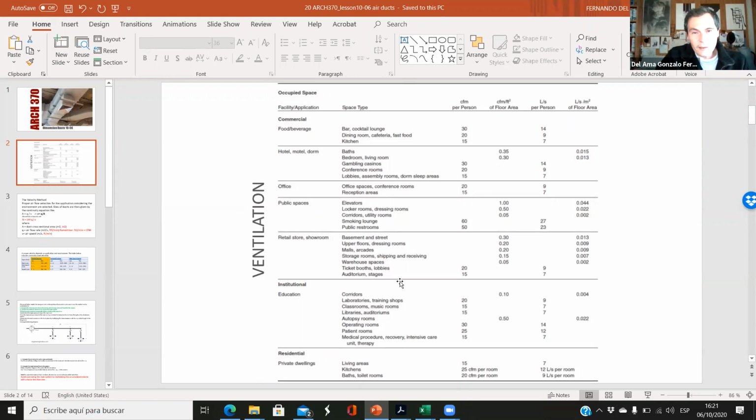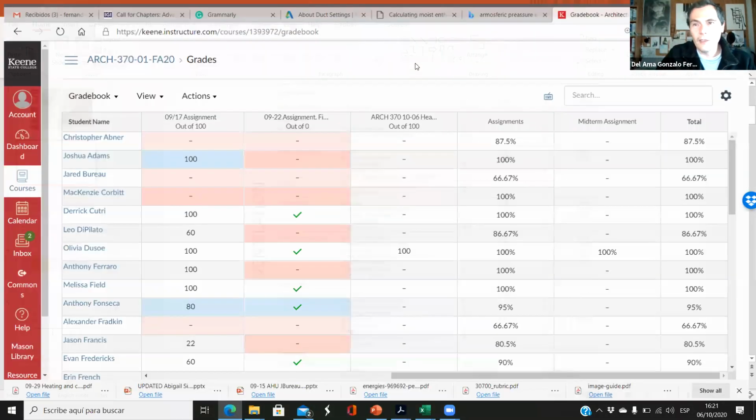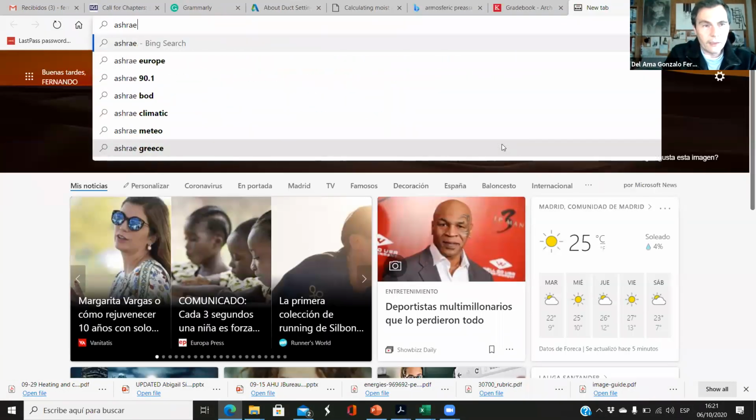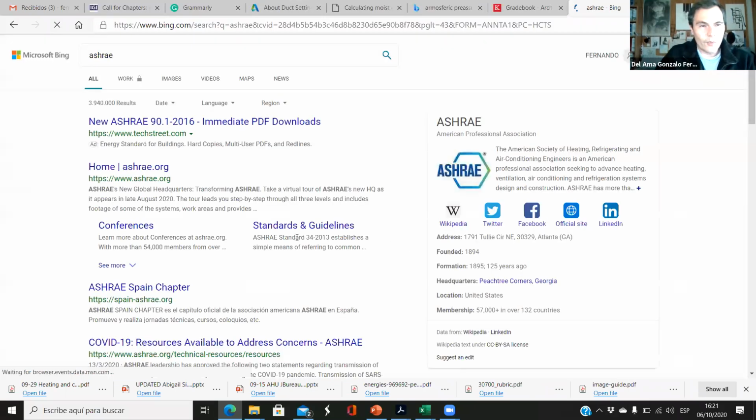So we have this chart from ASHRAE. ASHRAE is the Bible of the HVAC systems. It's the American Society of Heating, Refrigerating and Air-Conditioning Engineers. I think I've talked about ASHRAE before, but all the answers to our questions are here in ASHRAE.